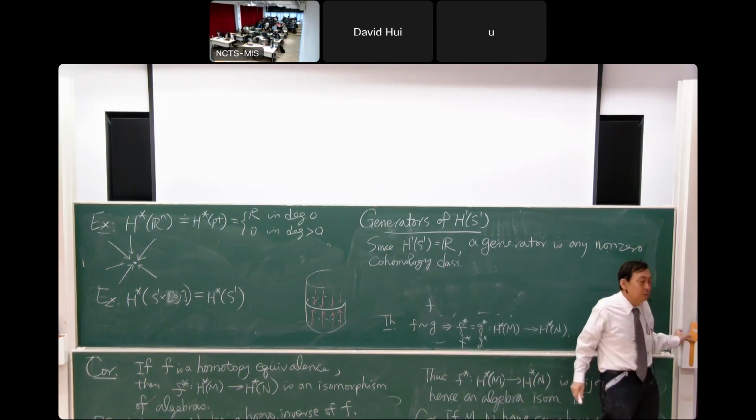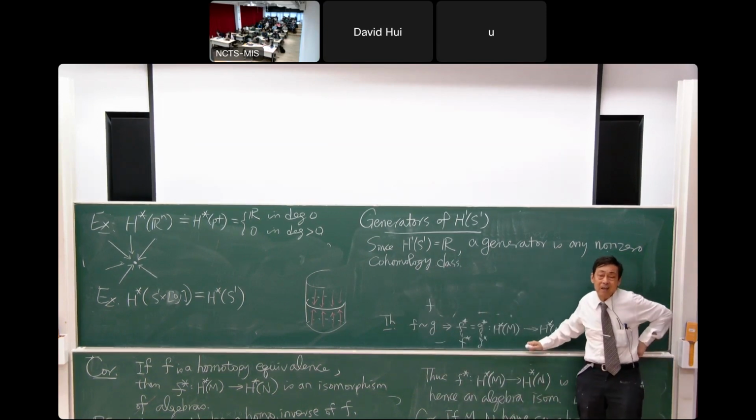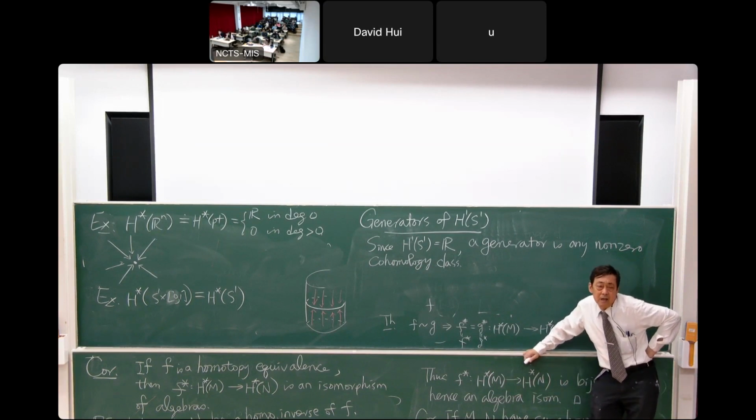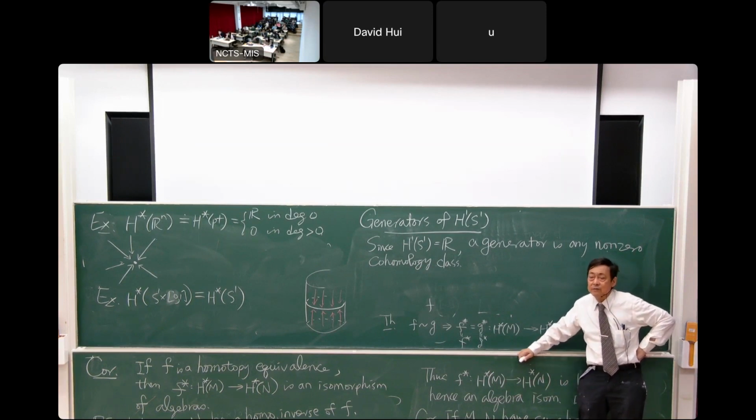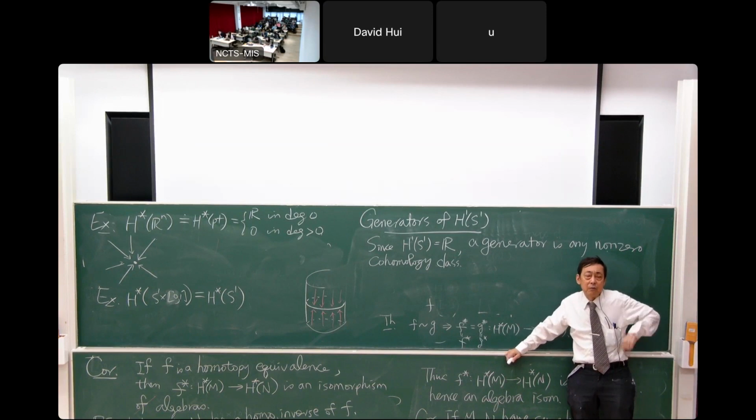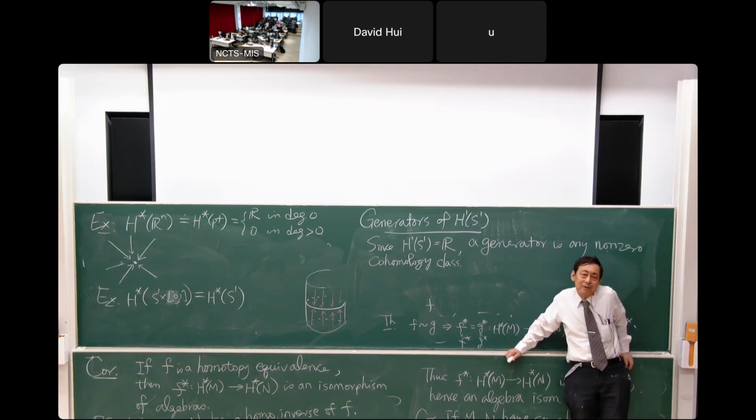And what is it represented by? If you want to write down a generator, what kind of object do you have to write down? Would you write down a function or a number or what?